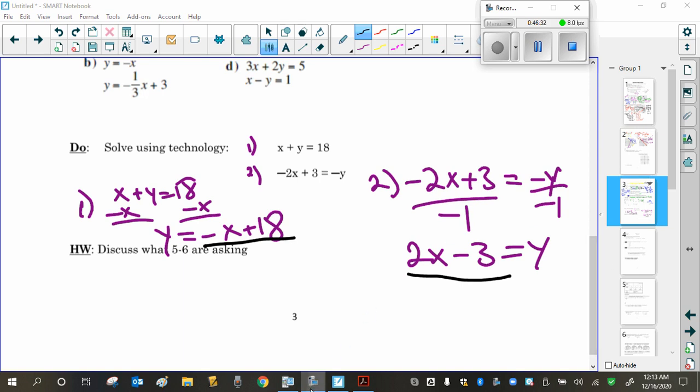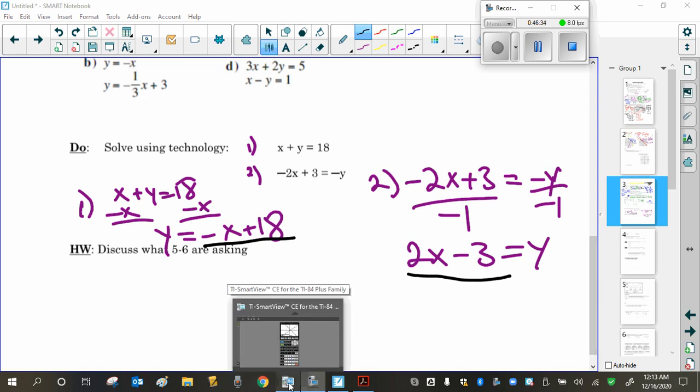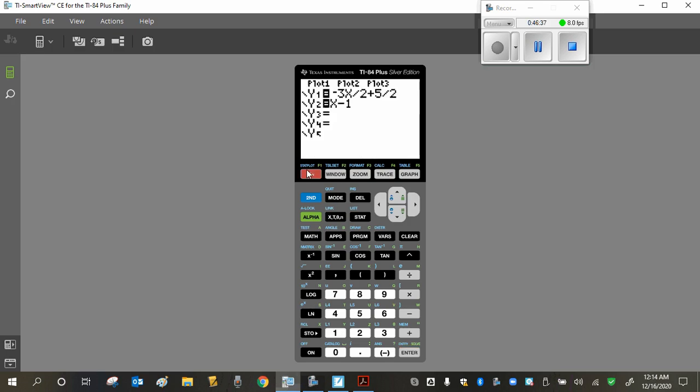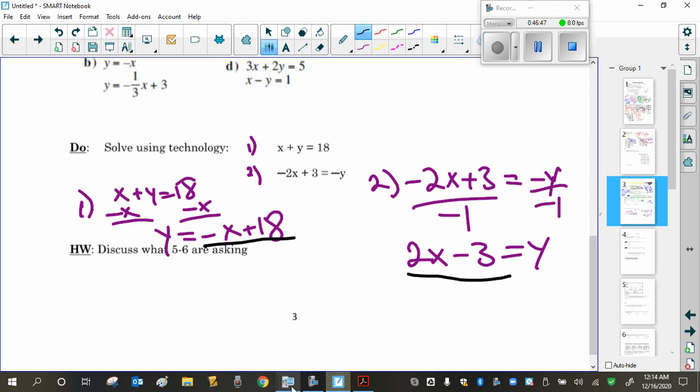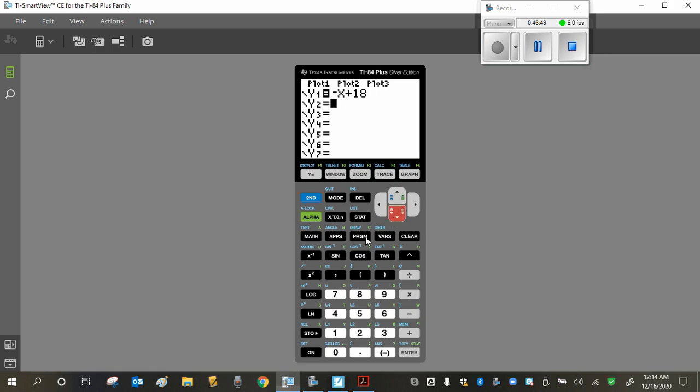Now, we punch in negative x plus 18, and 2x subtract 3. Graph.